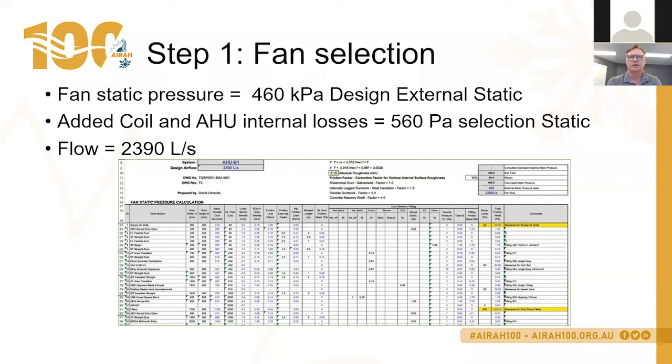So just be careful. Using the calculator and the compliance within the code is not quite the same methodology and approach that you would normally use in doing your fan specifications for systems. Works perfectly for exhaust systems, etc., where there is no coil and no internal losses in an air handler, but when doing air handlers, you do need to be careful. Your compliance values will be different to what your selection values are.